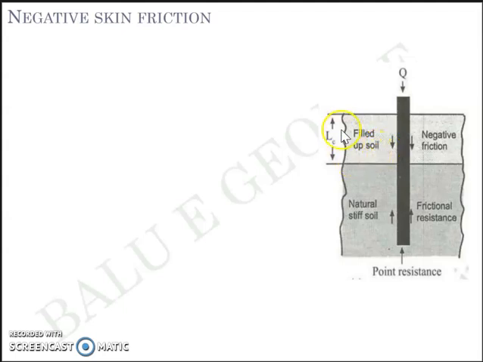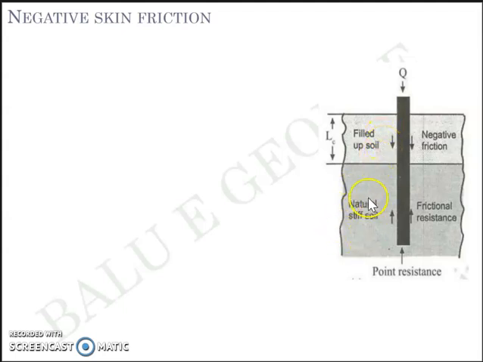So if such a case exists, when the pile is acted upon by load, the filled soil, instead of resisting the pile movement, acts along the pile's movement and offers a downward drag, for the simple reason that the soil is not strong enough or stiff enough to hold the movement of the pile, so it fails and it moves along with the pile in the downward direction.